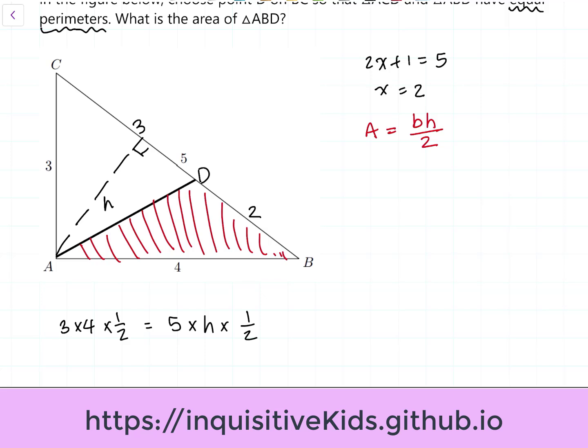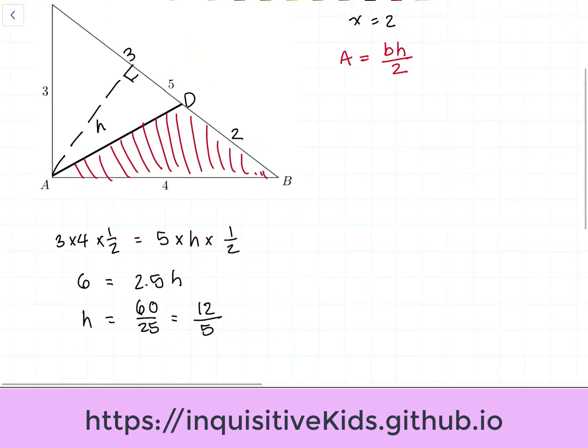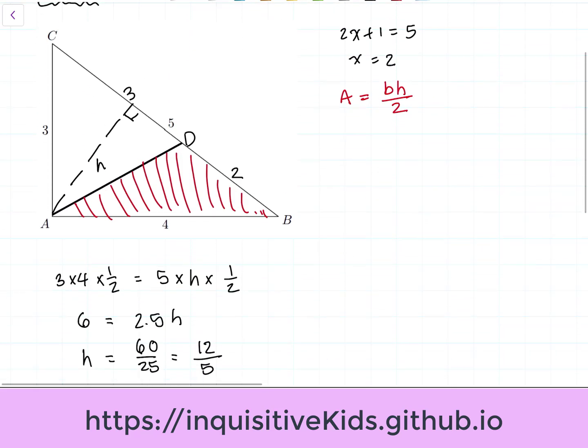Now we can find h. 3 times 4 divided by 2 is 6. 5h times 1/2 is equal to 2.5h. Therefore, h is equal to 60 over 25, or if we simplified it a little bit more, it gives us 12 over 5. So we know that h is equal to 12 over 5.